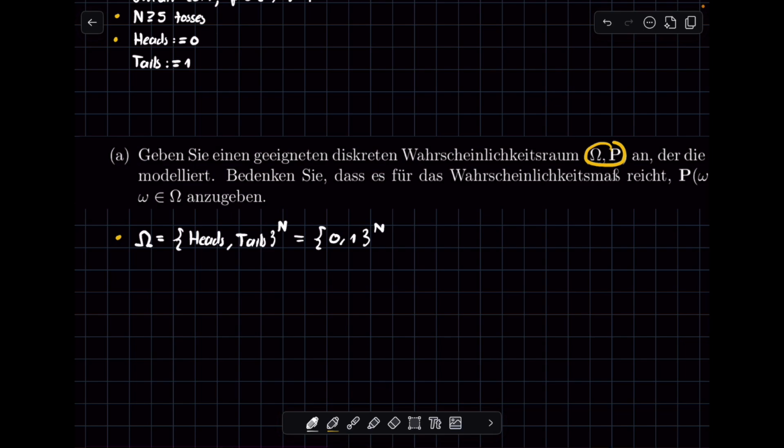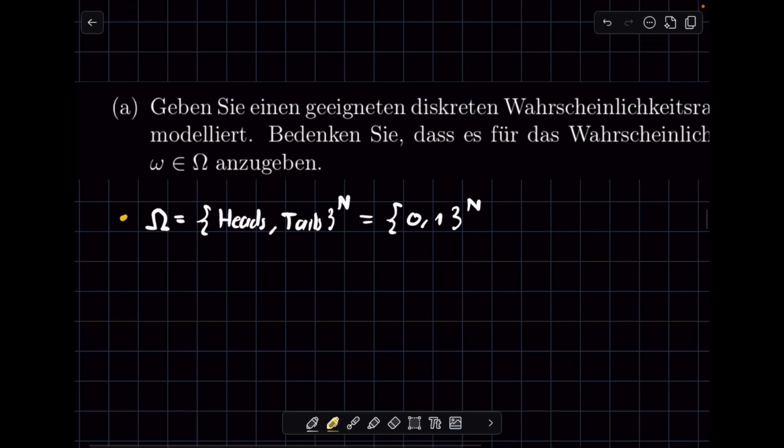Whatever, it doesn't really matter. The point here is that we want to denote now the probability of, say, W, and we denote W as being any amount of W's. It's not really W, it's omega, but I call it W because it's easier.